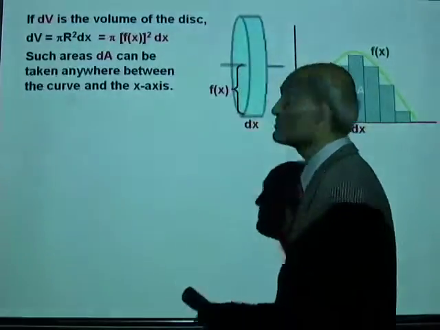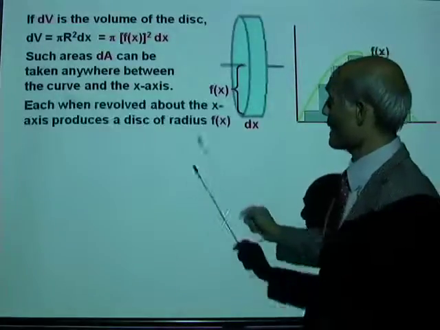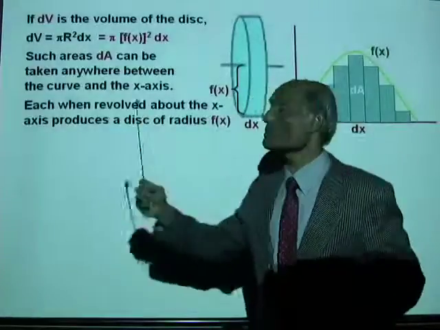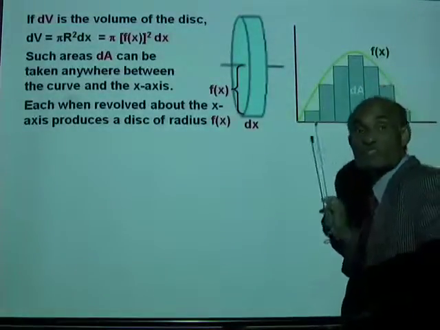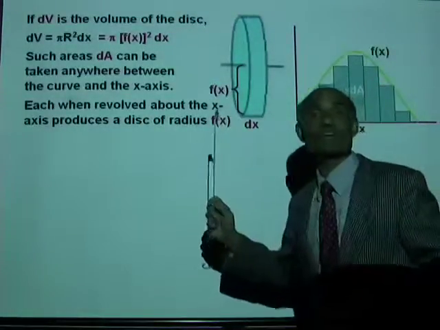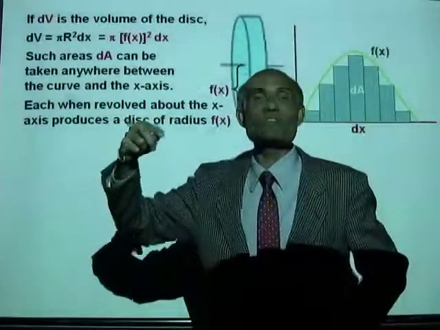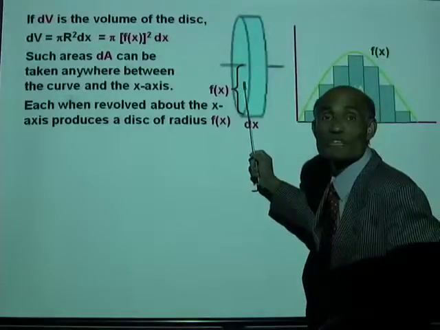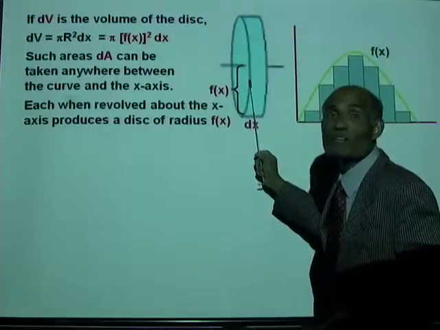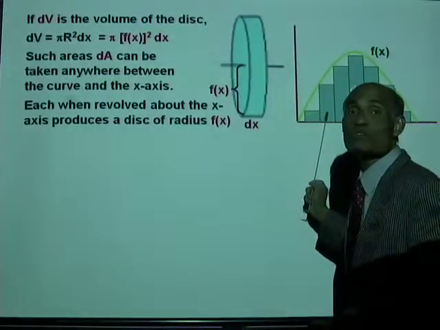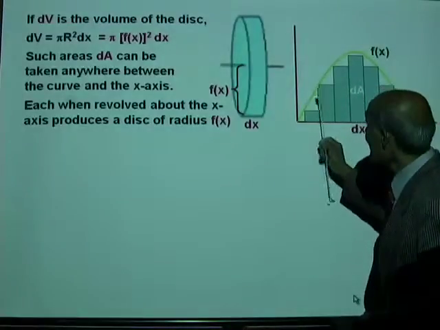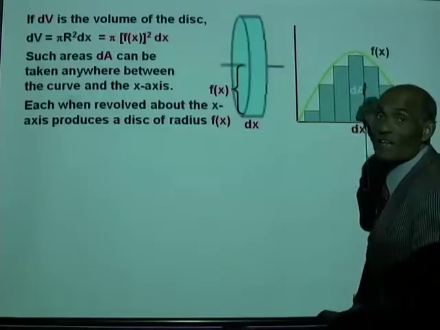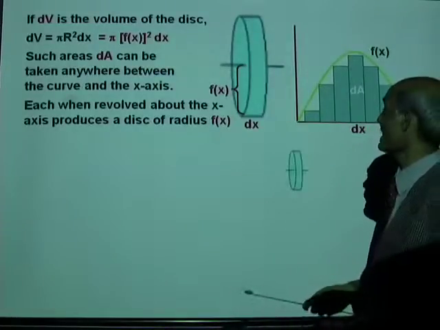That means that dx is very small. Alright, now you can actually produce such disks by revolving each of these areas about the x-axis. Each of these areas can be revolved about the x-axis, producing disks like this. But the radius of each disk will be different. Why? Because the height of the disk will be different as you move to the right.